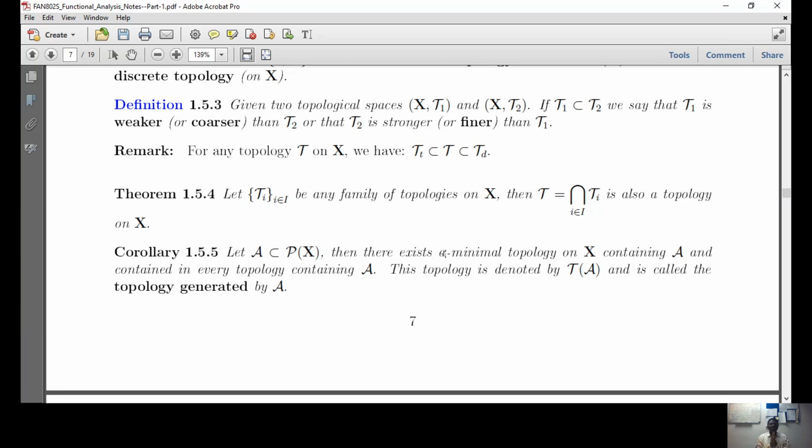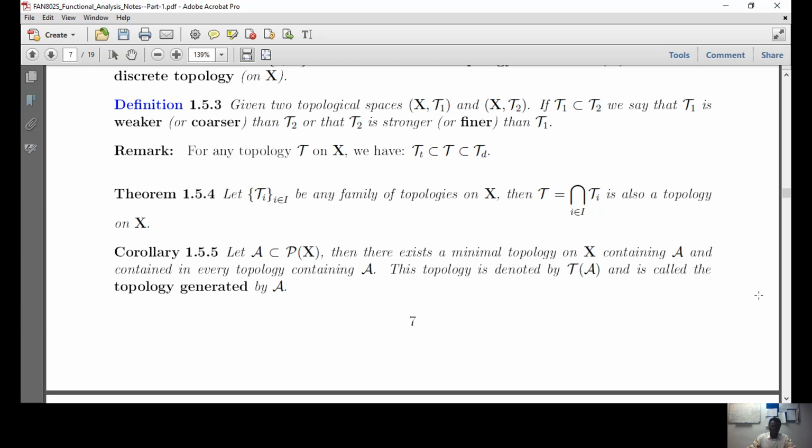Okay, if you remember what we did with sigma algebra, we saw that the intersection of sigma algebras is a sigma algebra, and from there we defined what we call the sigma algebra generated by something. In a like manner, if we have a family of topologies on X, we can always define the intersection of the family. We take the intersection of all the elements of the family of topologies.